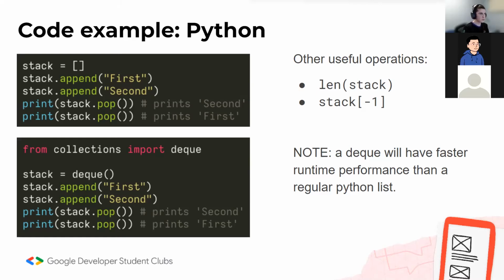Len of stack gives you how many items are in your stack, and stack index -1 gives you the top of your stack. It's basically equivalent to pop, but it doesn't actually pop. It just gives you the value. I have a note here that the deque will be faster than the Python list because deques are implemented differently and are more efficient under the hood, but that's irrelevant for the purposes of this talk.